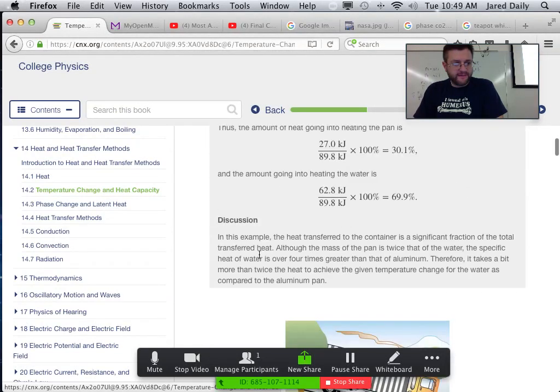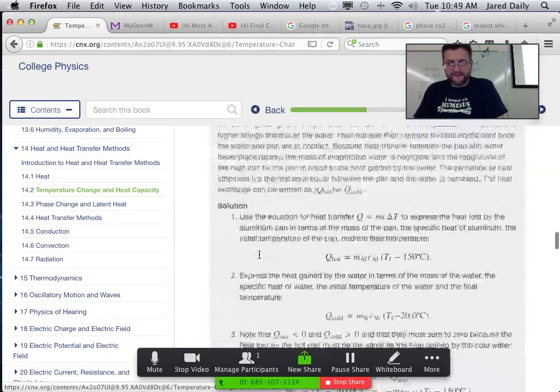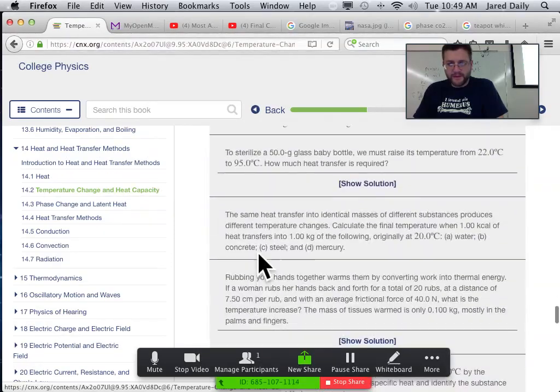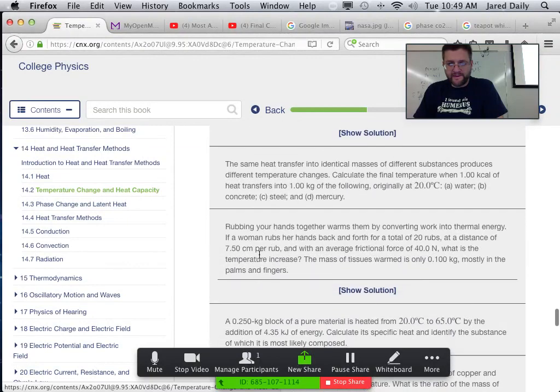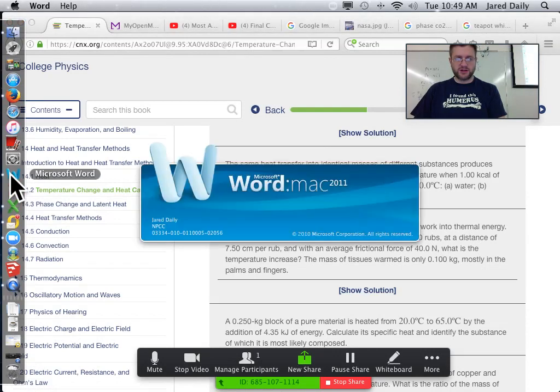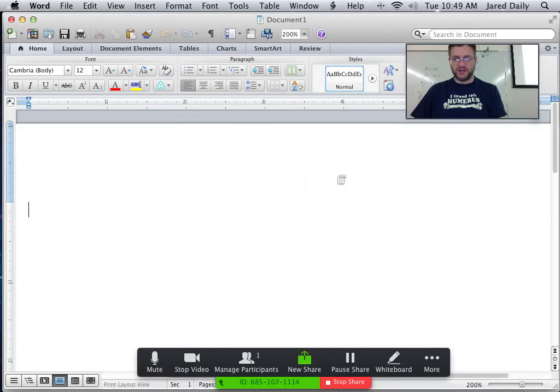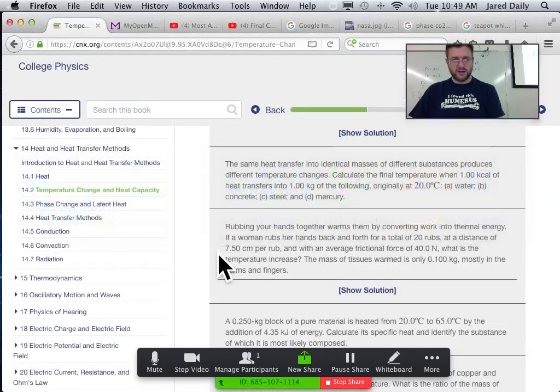I'll tell you what. Let's do this one, the same heat transfer. You know what I'm going to do for you? I'm just going to copy these into Word for you really quick, and I'll just email them to you. That'll make it easier, won't it?